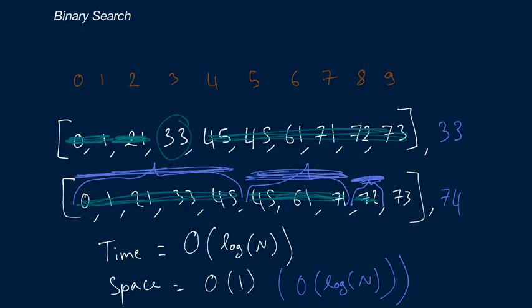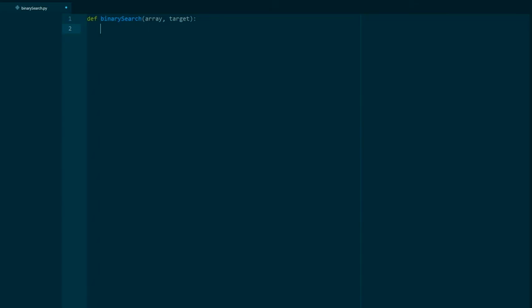With that being said, let's dive into the code walkthrough to see how both the recursive solution and the iterative solution look. All right, so we've got our binary search function defined. It takes in an array of numbers and a target number. The first thing we're going to want to do is implement this recursively.